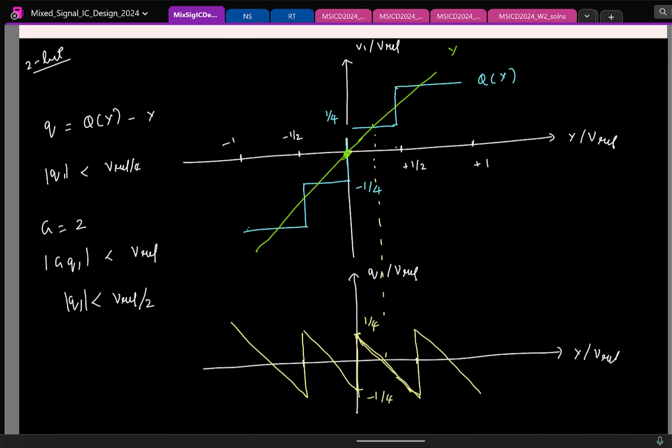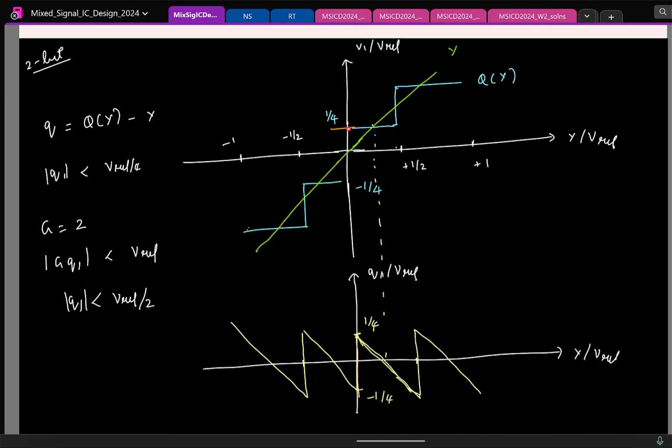So let's say I erase this now. Let us say now this level has an error. Which means this is going to go like this. Now I need to make sure this minus the input is less than 1/2, right?